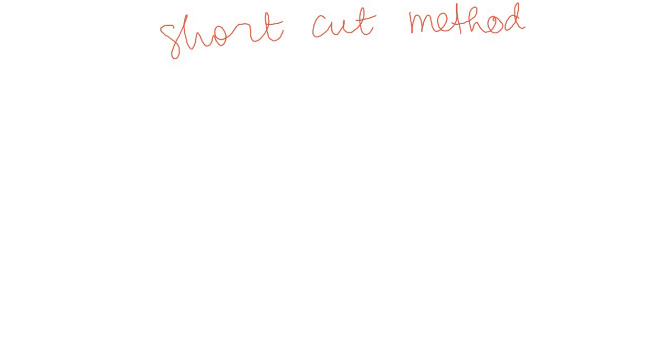So now I'm going to teach you guys a shortcut method. Remember that we are given the question tan x multiplied by cotangent x. This is a function that we're given.